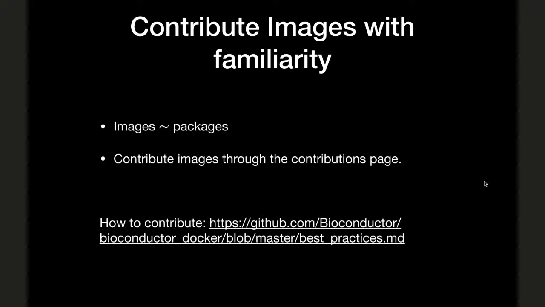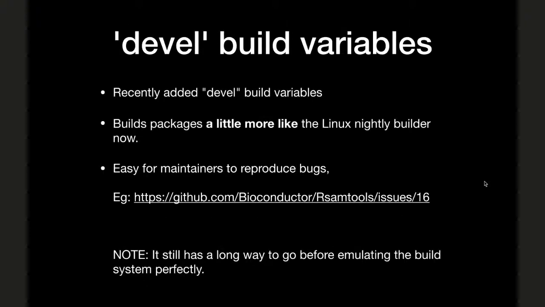We've also added the devel build variables to this Docker image. So we've taken some build variables which are on the Linux nightly builder and put them into the Bioconductor Docker image, only the devel image, mind you, so that it mimics the Linux nightly builder a little closer than it did before.